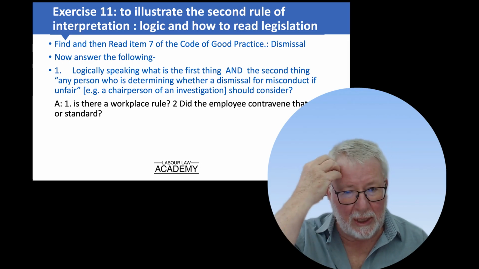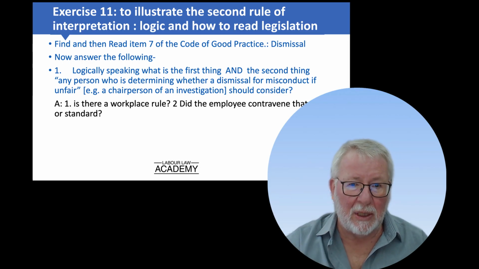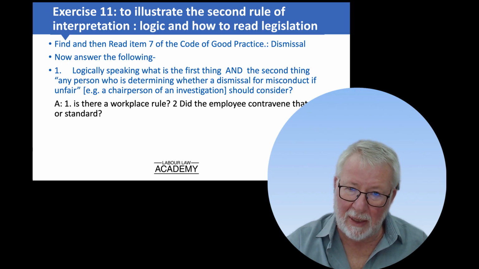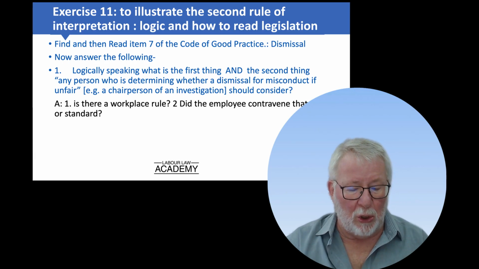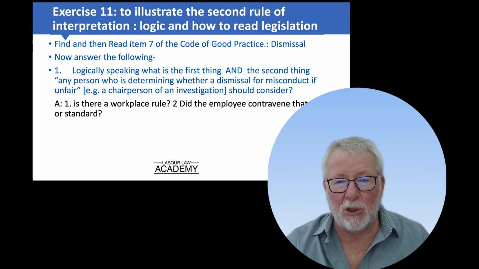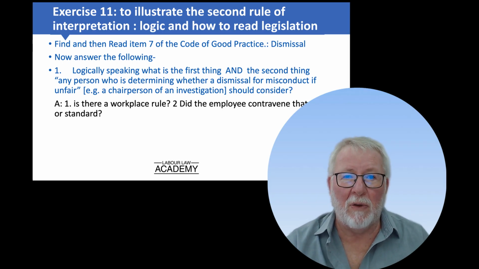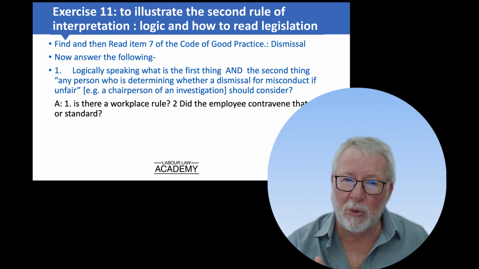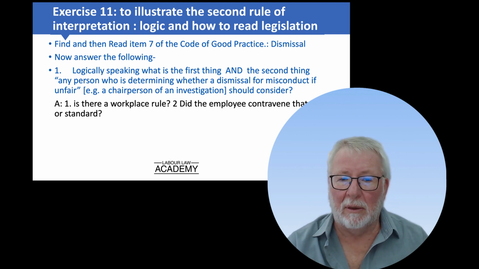So the logic is implicit in the way that this is written. Do you understand that? To understand, apply and interpret law, you've got to look at what it's saying, but also what it's inferring, and sometimes what it's not saying.